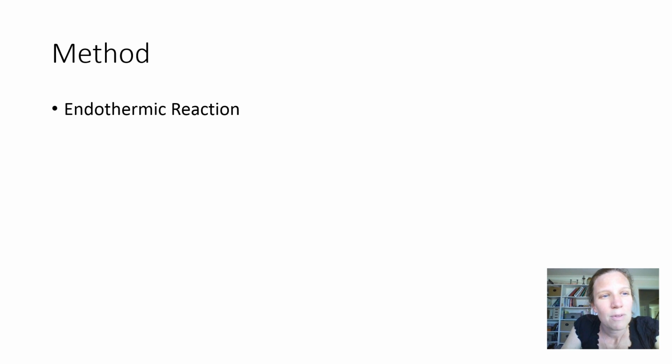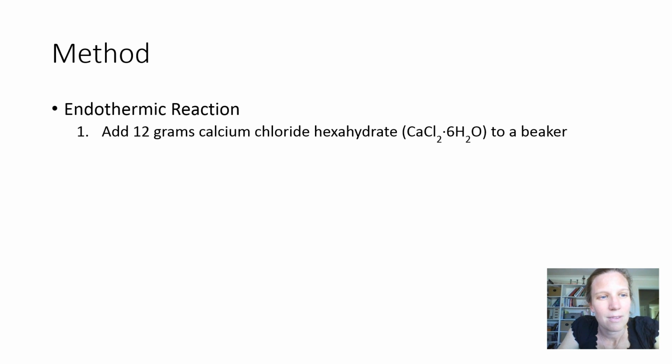The method for your endothermic reaction is this. First, add 12 grams of calcium chloride hexahydrate, and I include the chemical formula so that you might recognize it if that's what's written on the stock bottle. Add that to a beaker.